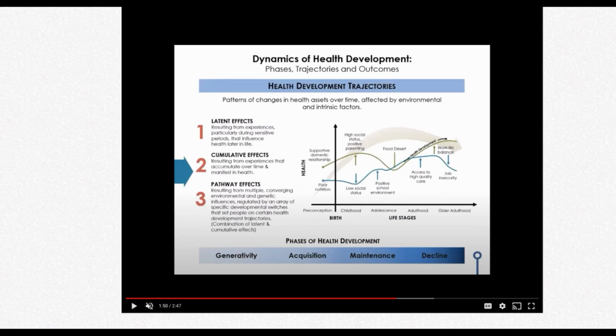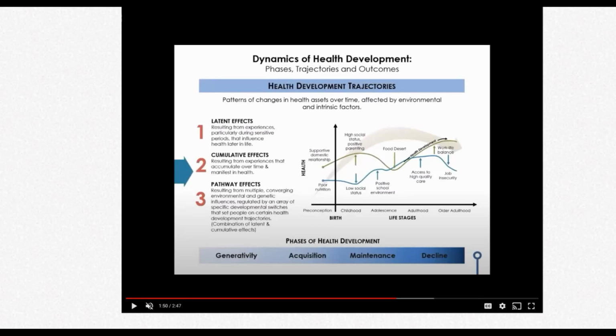And then we have a high social status, positive parenting, which bumps our trajectory to a higher health status, whatever that means. But then we live in a food desert, and then that decreases it. And then other things, like we have a great work-life balance. So health is not just the end result. It's actually the developmental process, and you have a trajectory.